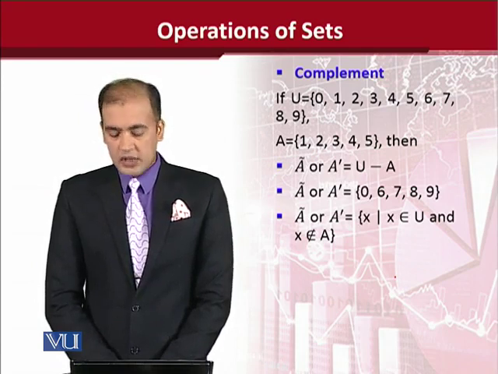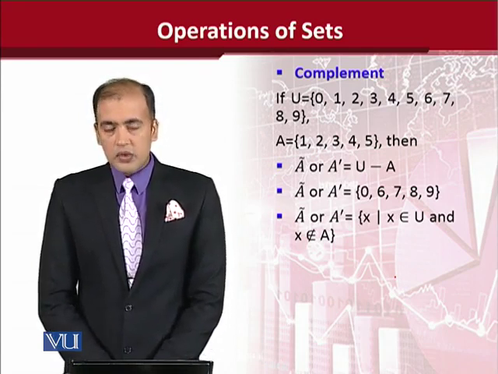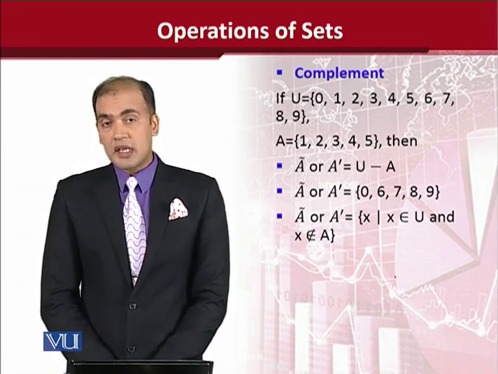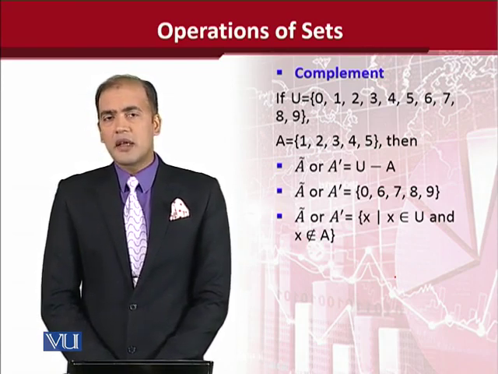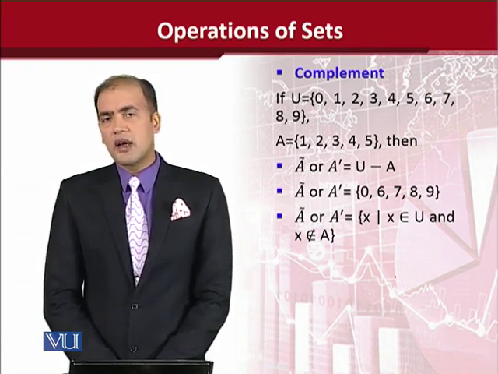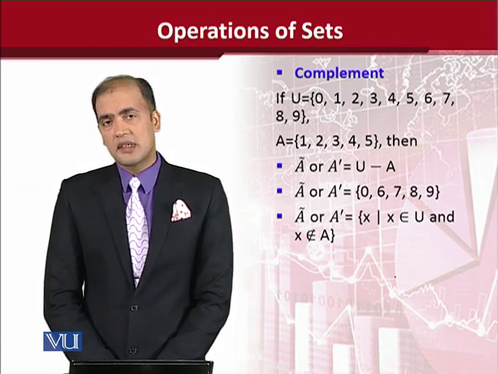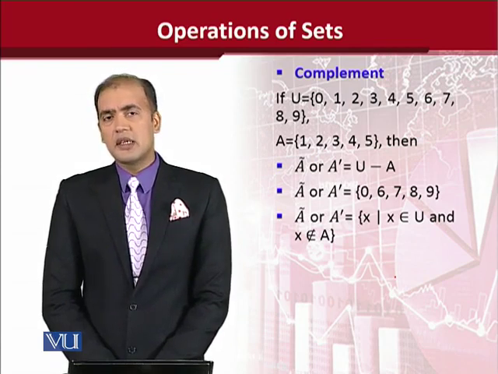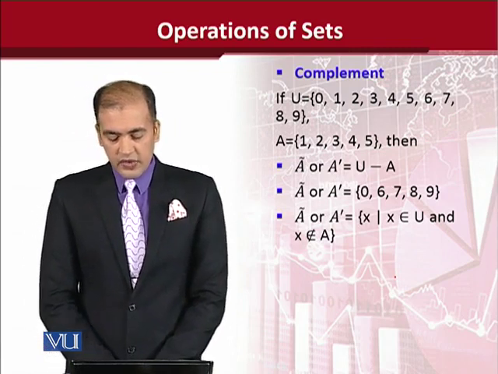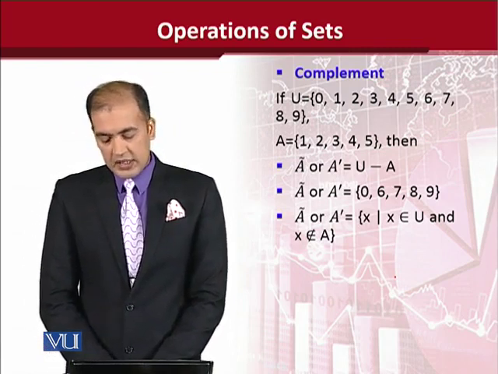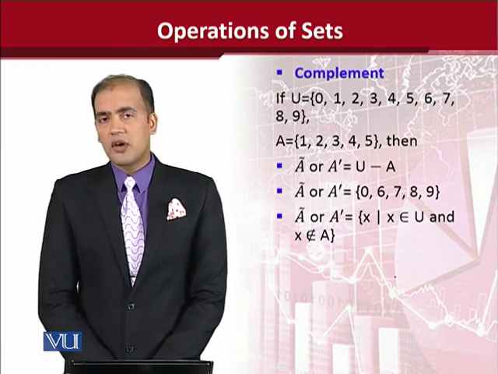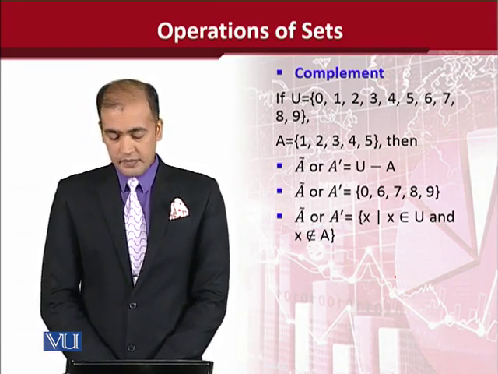So you see, U is greater than A. What we do is that we cancel out the same elements, and the remaining elements left uncancelled, or uncommon, in the universal set are noted as the A complement. As you can see, the uncommon elements are 0, 6, 7, 8, and 9. So we can say that we have taken the complement of set A.